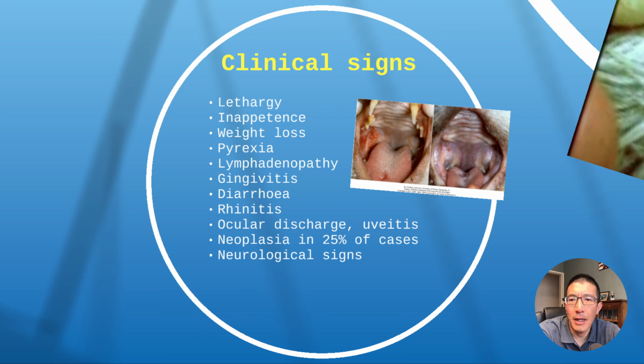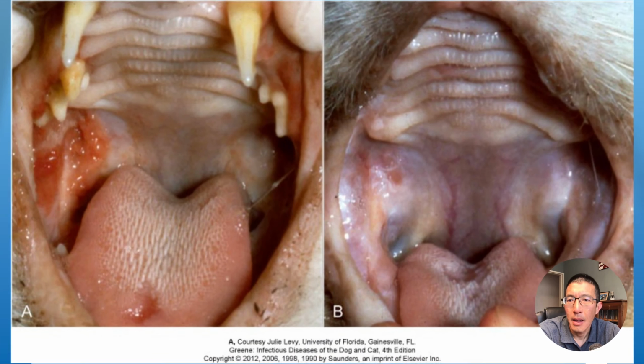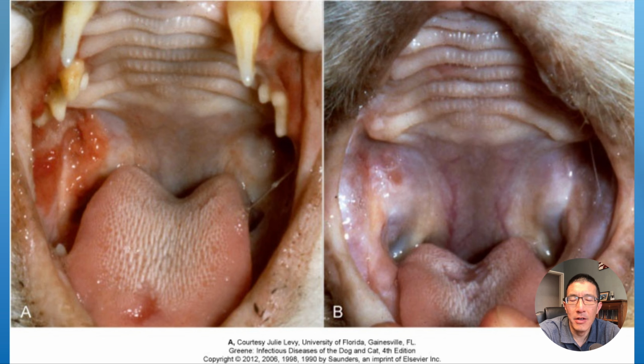Gingivitis is a common clinical sign, as this is an entry point for bacteria. The gingivitis can be very severe and chronic, and sometimes the only treatment is to remove all of the teeth, which is the source of infection, as can be seen in this photo, with the before picture on the left and an after picture with teeth removed on the right.